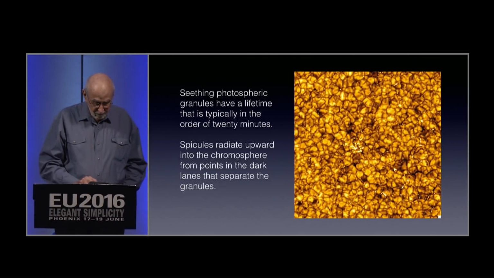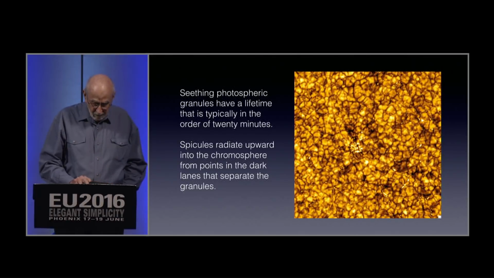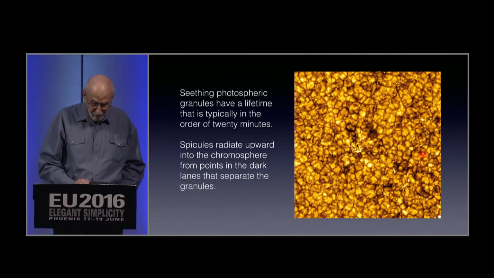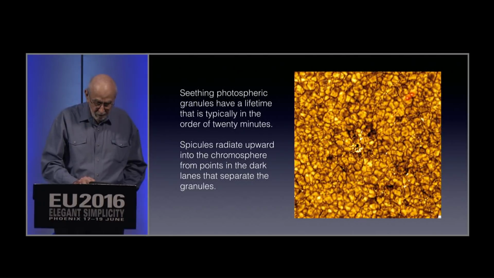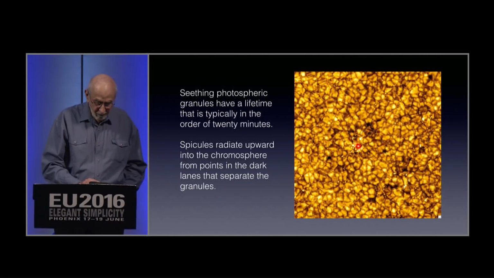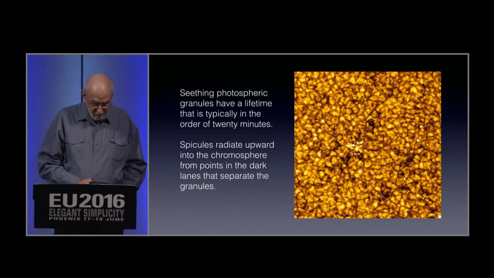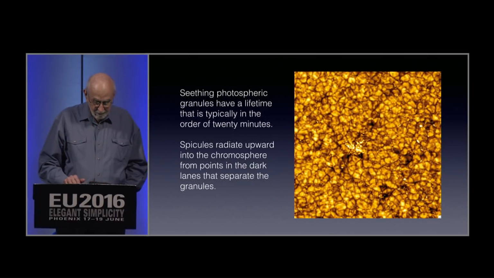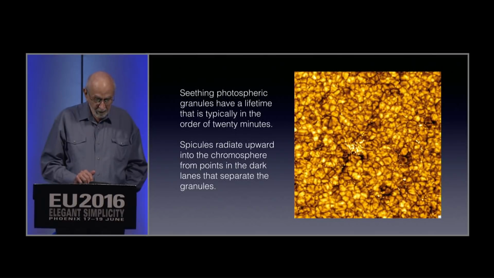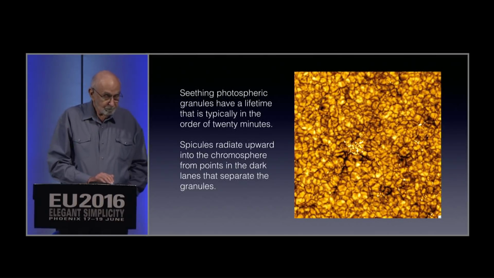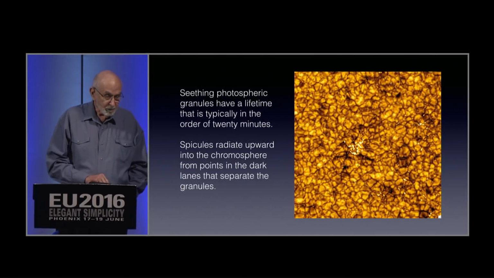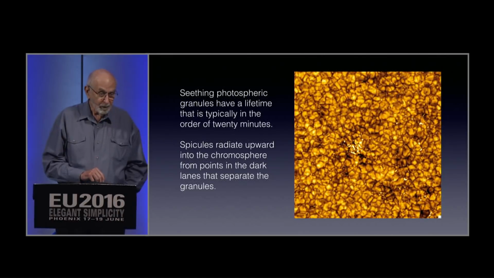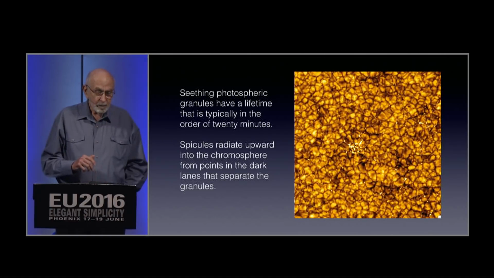There's some down here, there's some over here, up here, and of course a bunch of them here. If you keep your eyes on the granules themselves, you'll see them shrinking away to nothing. And the question is, why do they do that?